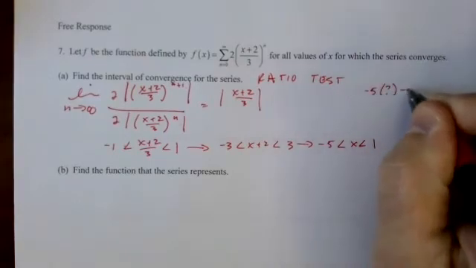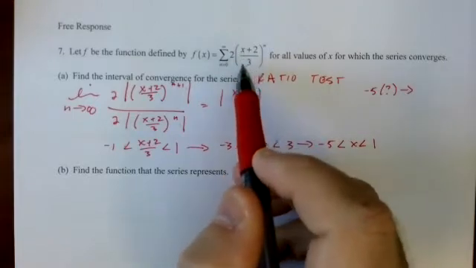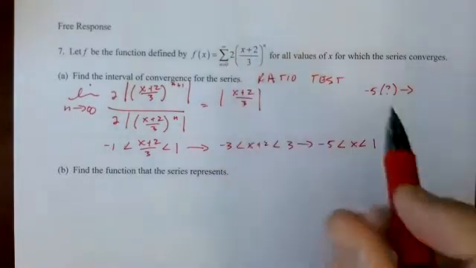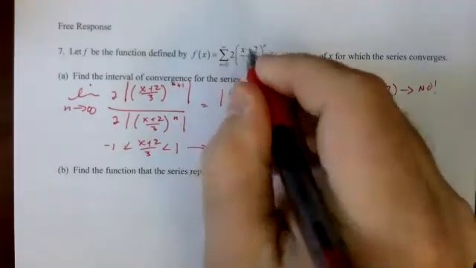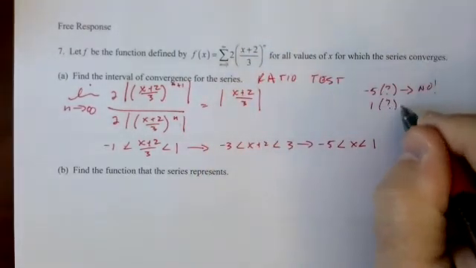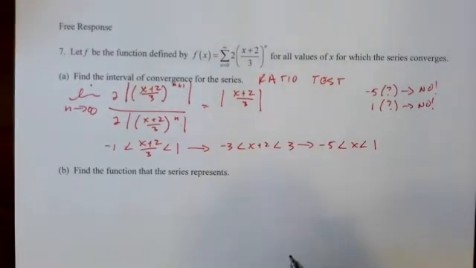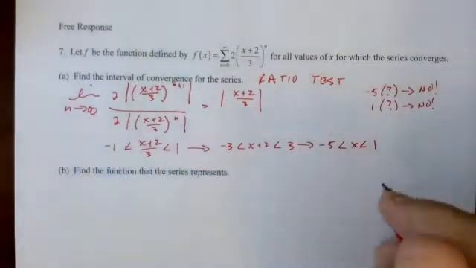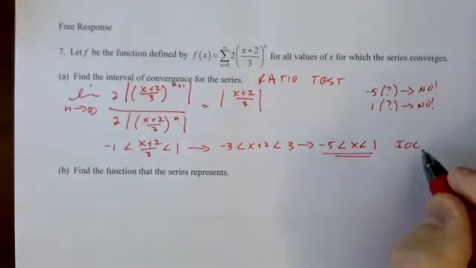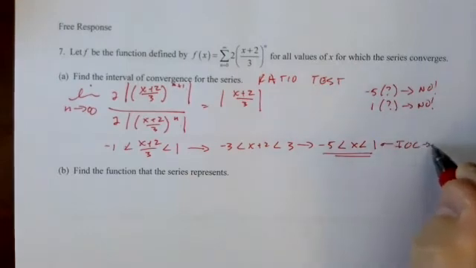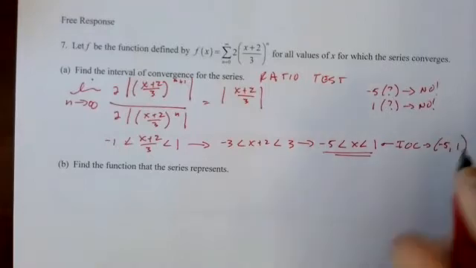At -5, -5 plus 2 is -3, so it's just -1 oscillating back and forth. No. And the same thing for 1: 1 plus 2 is 3, which is 1 oscillating back and forth. No. So, what did they ask for? Interval of convergence. There it is: (-5, 1).